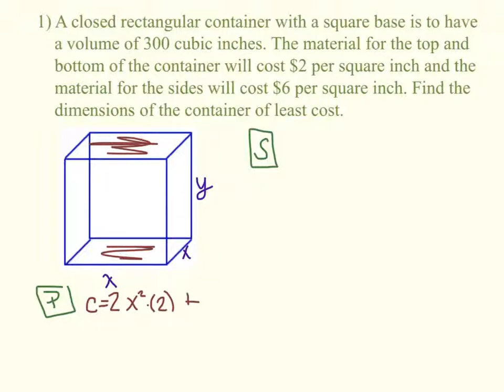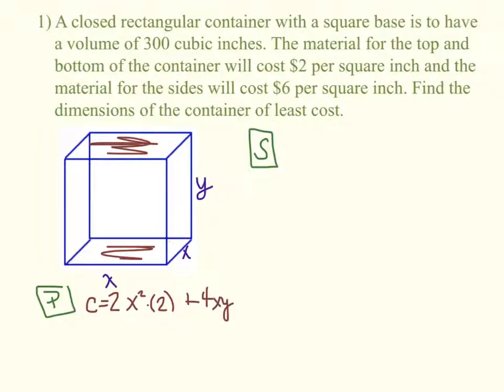Plus, the material for the sides will cost $6 per square inch. Obviously there are six total faces on a rectangular prism. We just talked about two of them. All of the rest of them will have a length of x and a height of y. And so we're talking about 4 rectangles, all of area x times y.